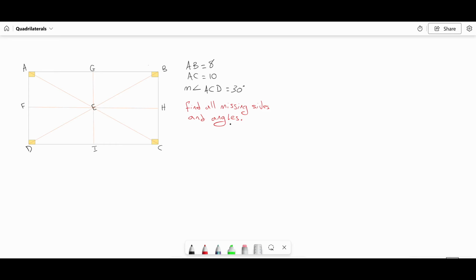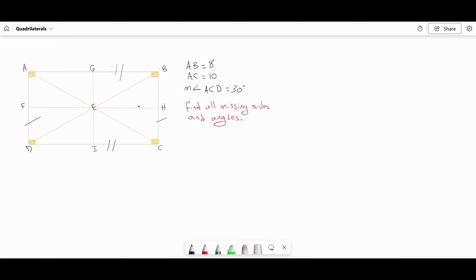Okay, so now we're looking at a quadrilateral. And what type of quadrilateral is this? This is a quadrilateral with two pairs of parallel sides, and the internal angles are all 90 degrees.